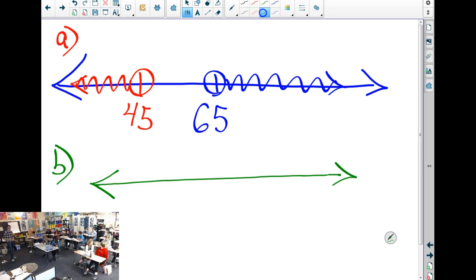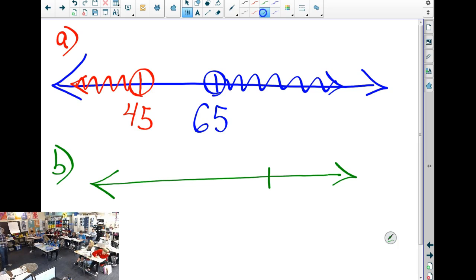Ethan, how are you going to start graphing this? So obviously a number line, but then what do I do? Tick mark. Now, do you want me to put it in the center or where? I'm going to go off-center slightly, and we'll look at why. So what do you want me to label that tick mark with?